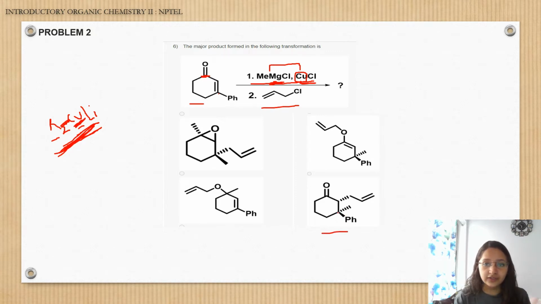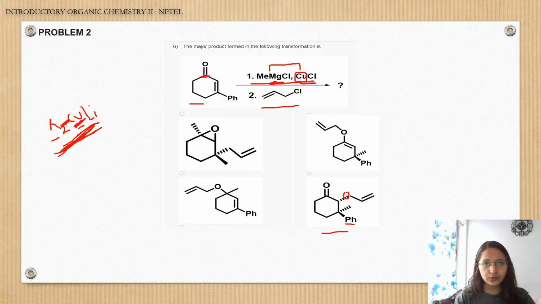Now here, if the phenyl is above the plane and methyl is below the plane, the electrophile is trapping at the below the plane. Is the stereochemistry clear? Yes, ma'am. So you have to look at that particular point also, which particular conformation is more stable for the things to be in the plane.